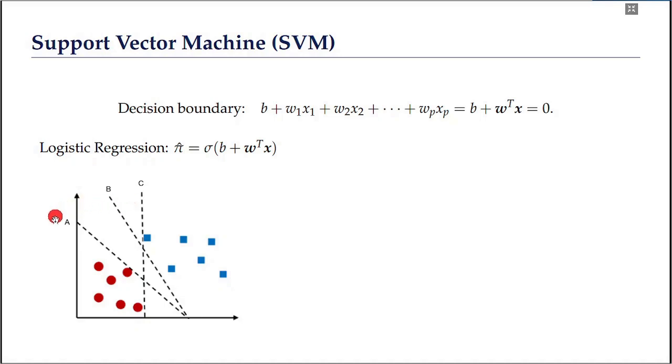Similarly, if we consider the decision boundary for A, and we have a certain point somewhere like here, then this point could be classified as blue, but in fact this point is closer to the red points. So even if the performance of these 3 models or decision boundaries is 100% accurate, we could have another way of maximizing the margin.